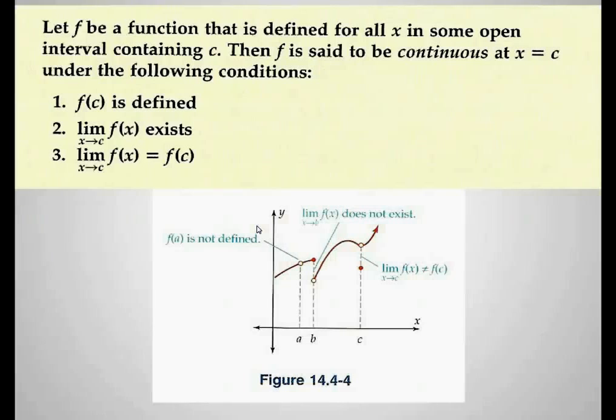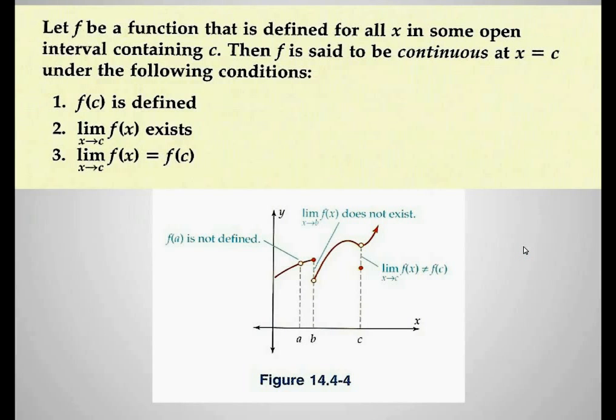So let's take a look at the figure at the top of page 939. You looked at it when you did the reading, but this illustrates very nicely the three conditions that have to hold. If we look at a, at x equals a, notice that it is not continuous because f of a is not defined.